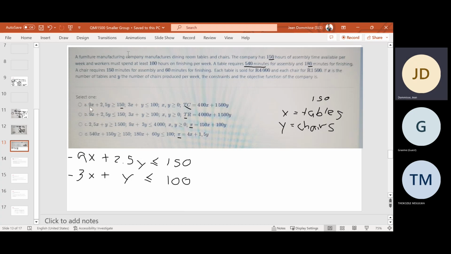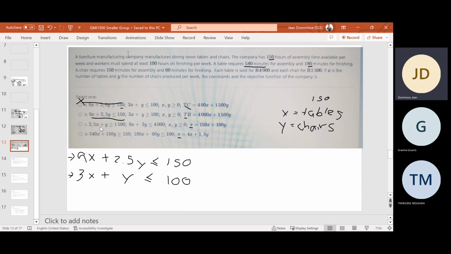So 9x plus 2.5y must be smaller or equal to 150. So here's one formula, and we at least know that A is wrong. The second one is 3x plus y must be smaller or equal to 100.